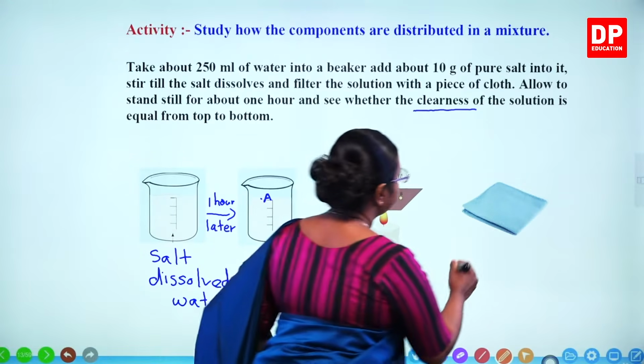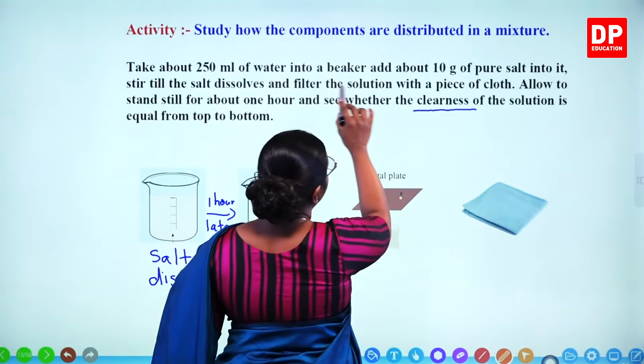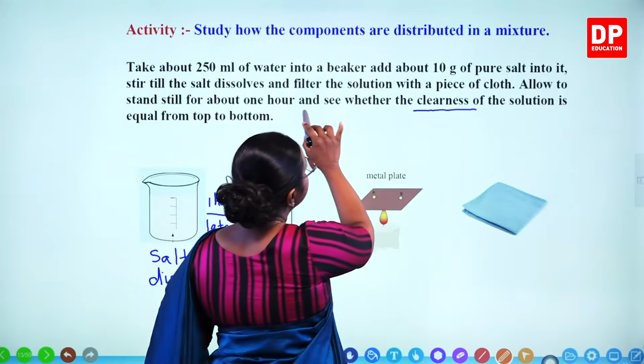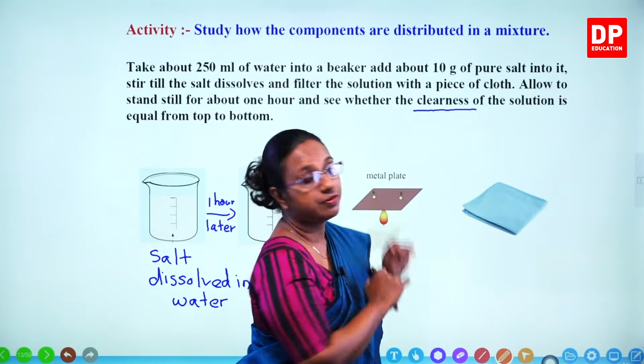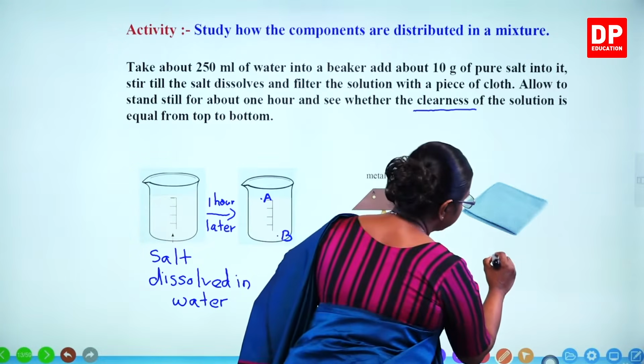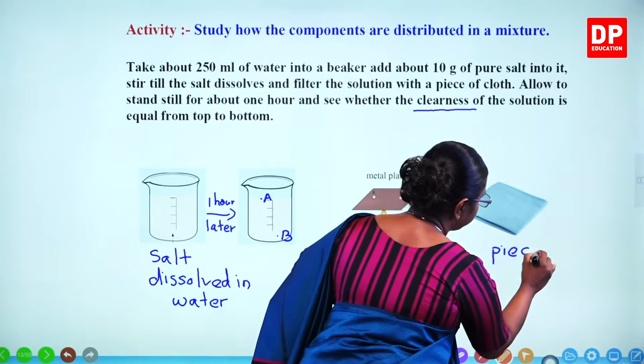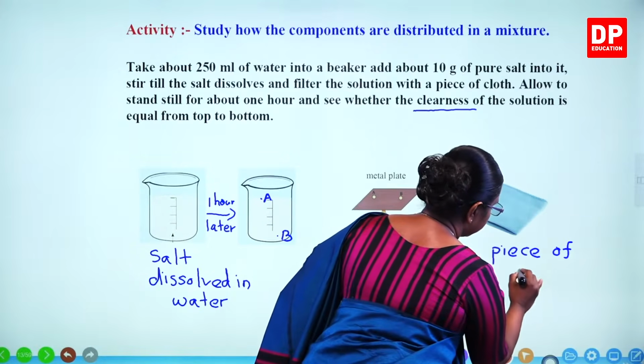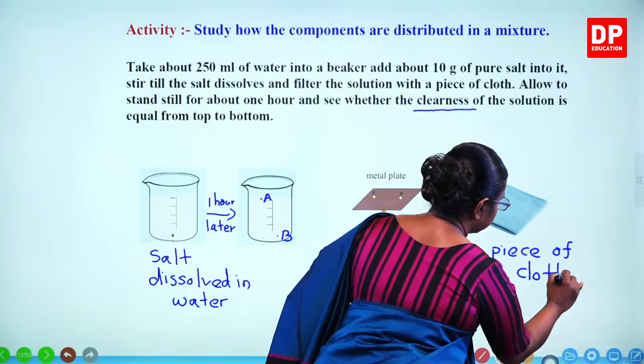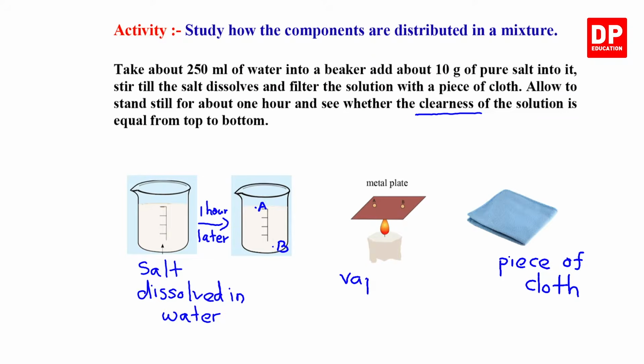And here we have the cloth. Here they have said to filter it using a piece of cloth. That is why the piece of cloth is shown to you. This is to vaporize water.